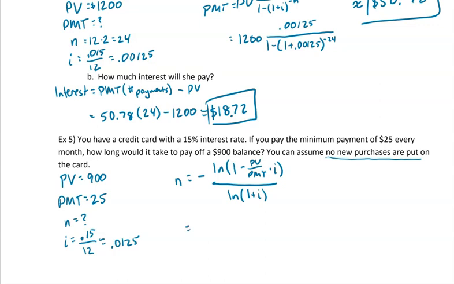All right, let's go ahead and plug it in. So negative ln of 1 minus PV is 900 over PMT is 25 times I is 0.0125, all over ln of 1 plus 0.0125.